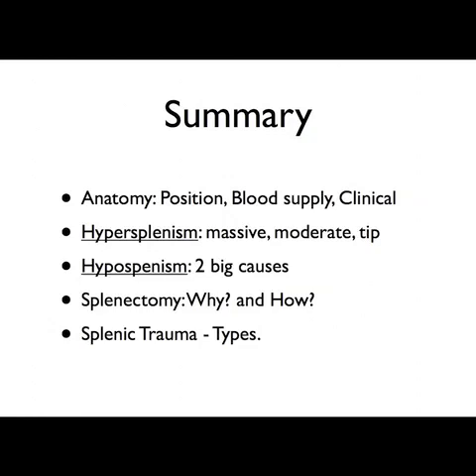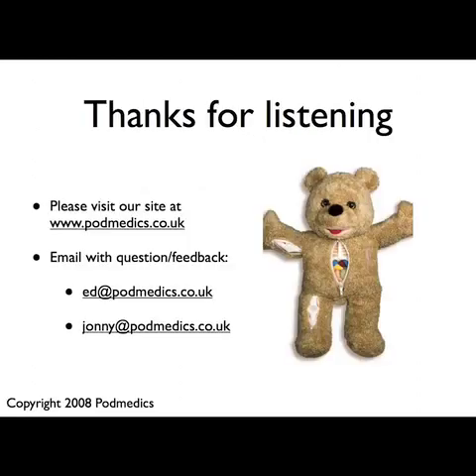Splenectomy, why do we do it? Usually because of trauma or because of hematological complications of disease. And how do we do it? We can do an open operation, we can do a laparoscopic operation, and try and remember those two different scars. Finally, under splenic trauma, we talked a little bit about the 4 types of splenic trauma and how these are managed. So that's it for the spleen.